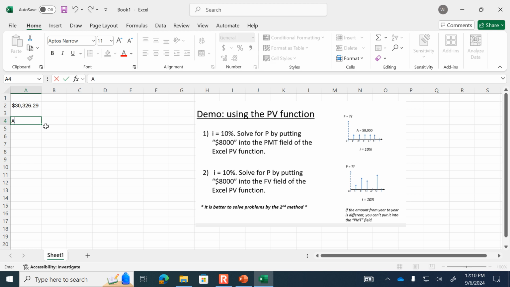I could have locations where I define the interest rate and the A and the N. And so here in this cell I could type in 8,000 for the A. I could type in 0.1 for the i, 5 for the N, and then let me do the PV function here, equals PV, and instead of typing in the values like I did in the previous one, I'm just going to click on the location where the value is.